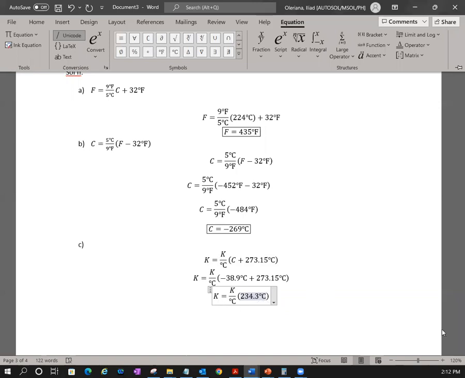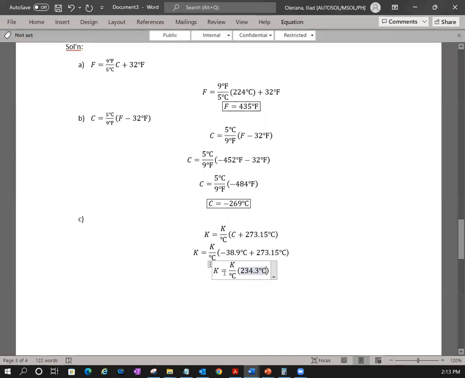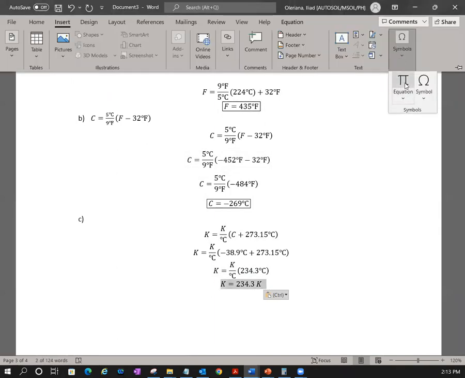And ang matitira na sagot natin is dapat ay naka-Kelvin. Yon, Kelvin. So, tanggalin natin sa parenthesis yan. And ilagay natin sa box kasi final answer siya. Ganun ang style namin noon nung estudyante pa kami.